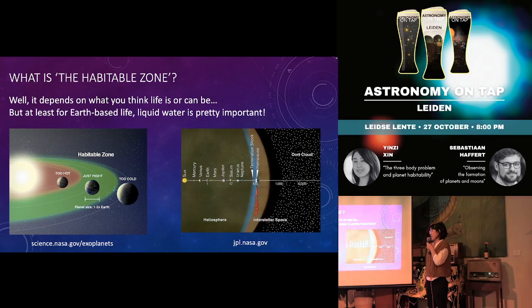If you look at the solar system, that habitable zone includes Venus, Earth, and Mars. Obviously, at least as far as we can tell, there's no life on Venus or Mars, so just being in the habitable zone isn't the only condition. But that's roughly how it's defined.